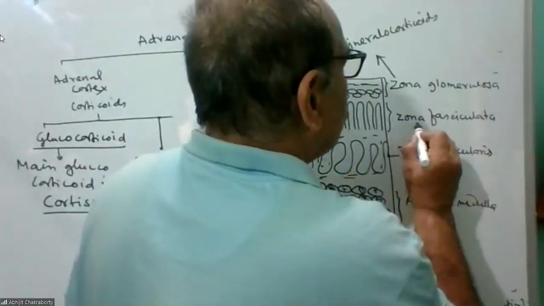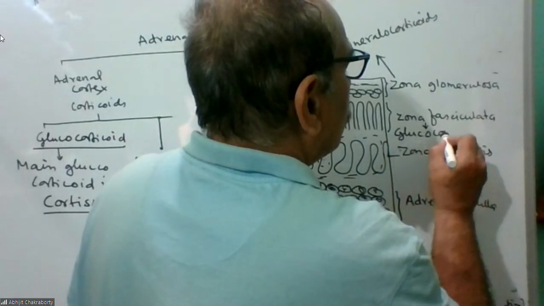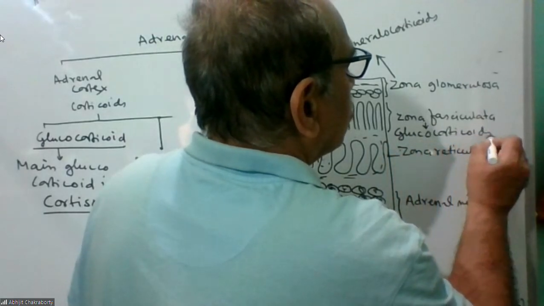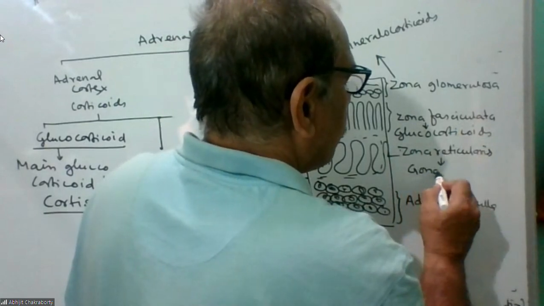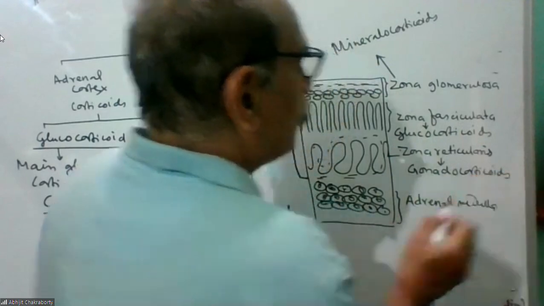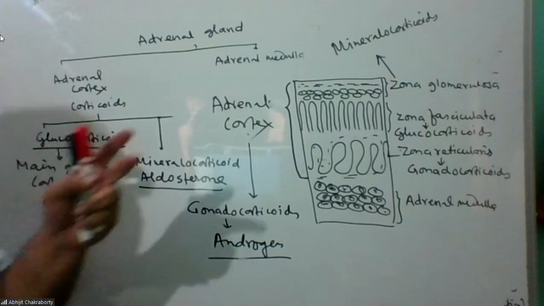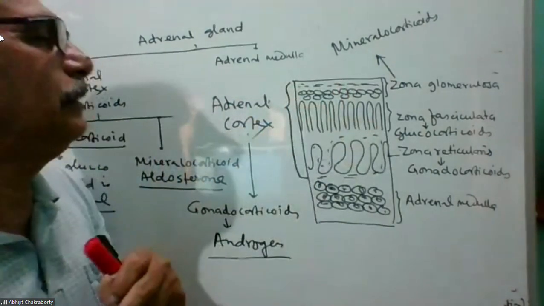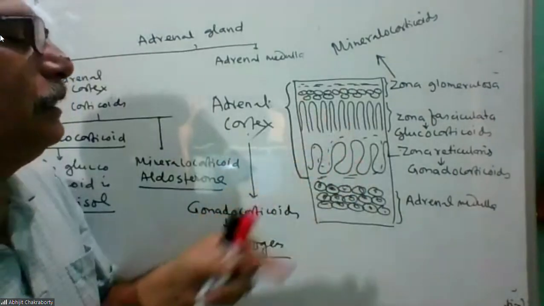From zona fasciculata, glucocorticoids are secreted. From zona reticularis, gonadocorticoids are secreted. So you need to remember this arrangement of these cells, and this is the peripheral type and this is towards the center.